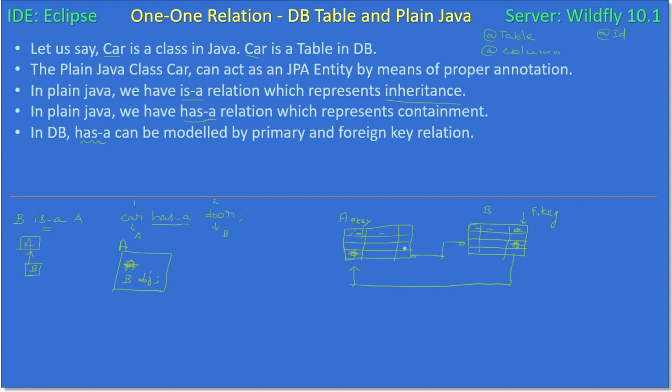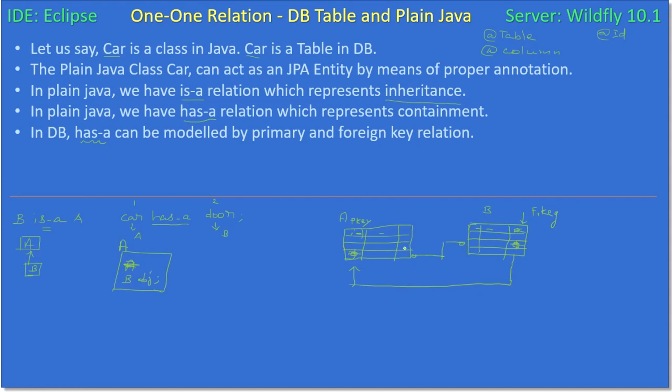In a one-to-one relation, a table column can point to only one row in another table. So here we are talking about a one-to-one relation, right? That means, let's say there is a table A and a table B, and when a row is pointing to another row in table B, we call that a relation.